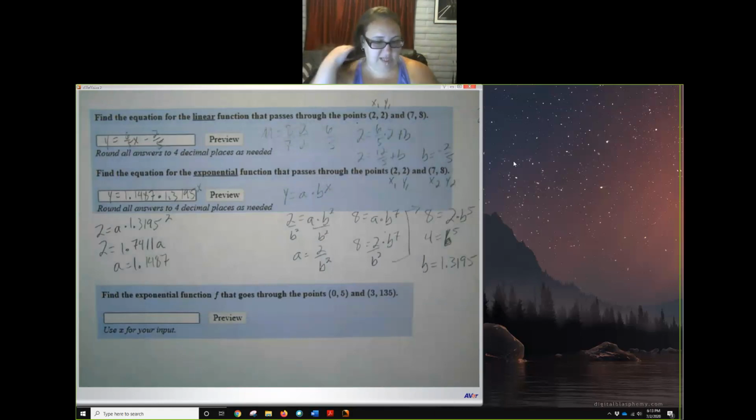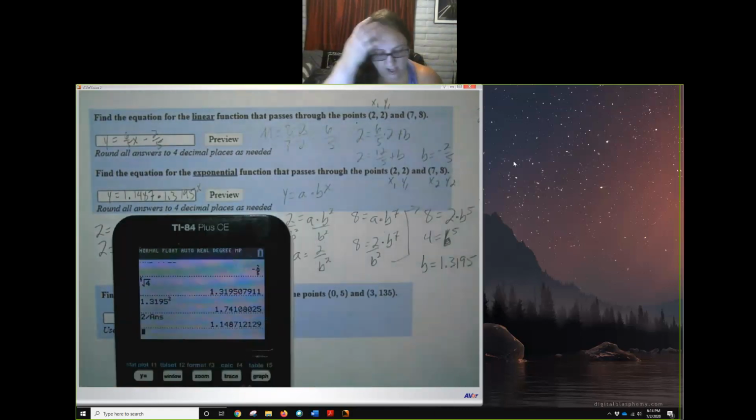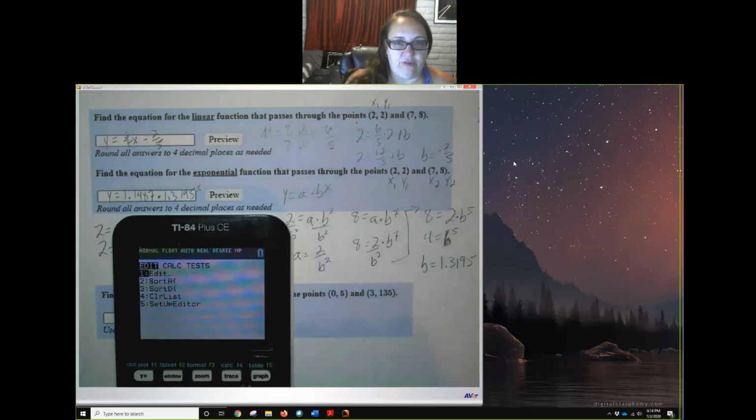The short way is to use the calculator. If you remember correctly, we have a function in stat that will find equations for us.